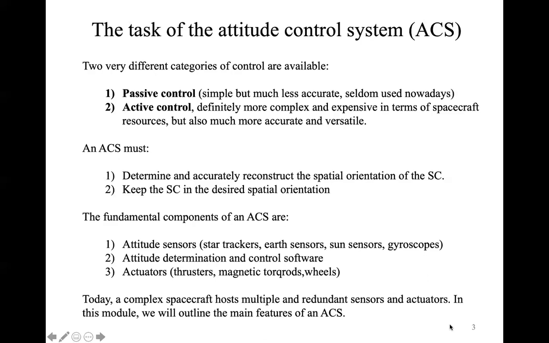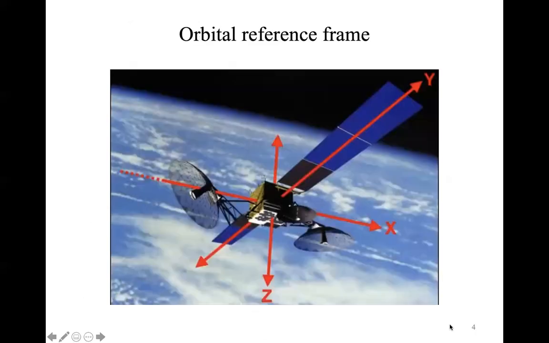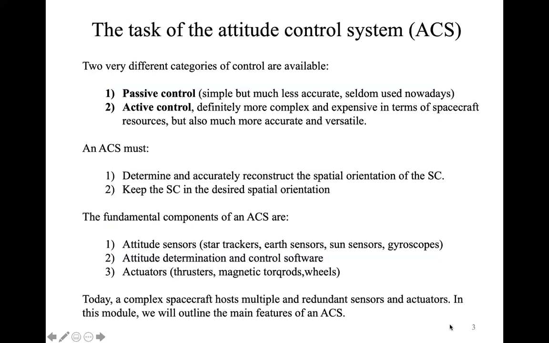So here we need to introduce the dynamical equations. And before introducing the dynamical equations, we need to refresh a bit the reference frames that we have seen even in the previous part of the course. What we are going to see is that in this case, we are not going to write, for example, the dynamical equations in terms of quaternions.